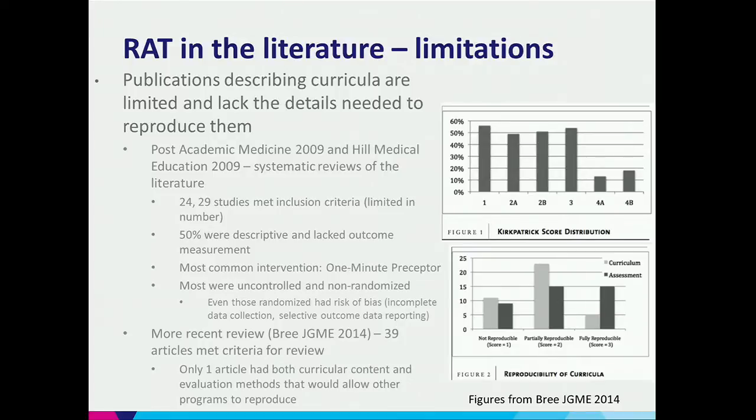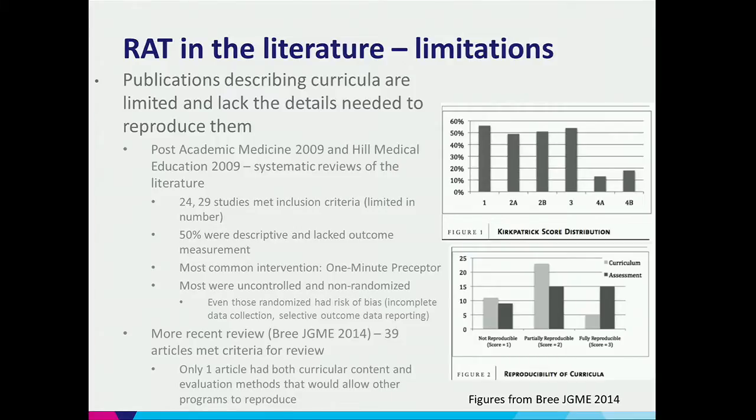The most recent review had 39 articles that met criteria, and you can see here 25% did meet the highest level of Kirkpatrick score, but only one of the articles had both the curricular content and evaluation methods that would allow other programs to reproduce it.